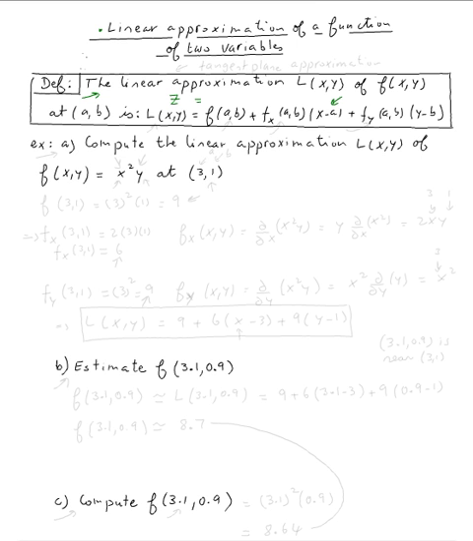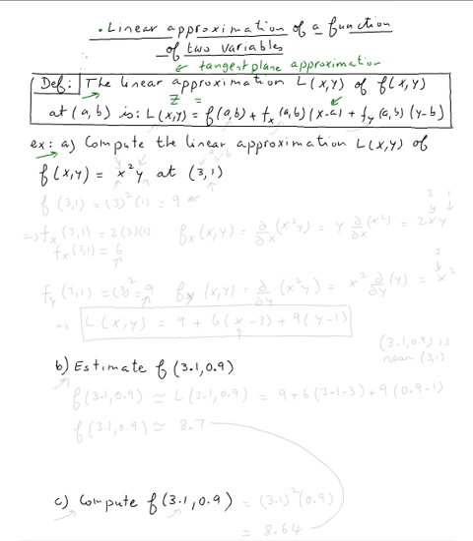So sometimes instead of saying the linear approximation, we say tangent plane approximation. It's linear because the equation of a tangent plane is a linear function of two variables, of course. Alright, so let's do the first example.